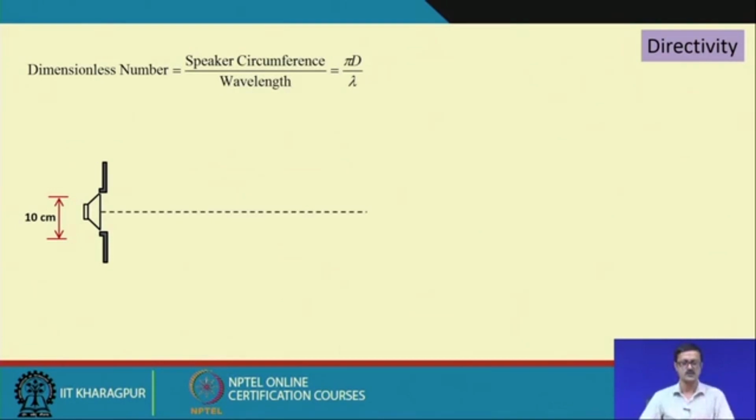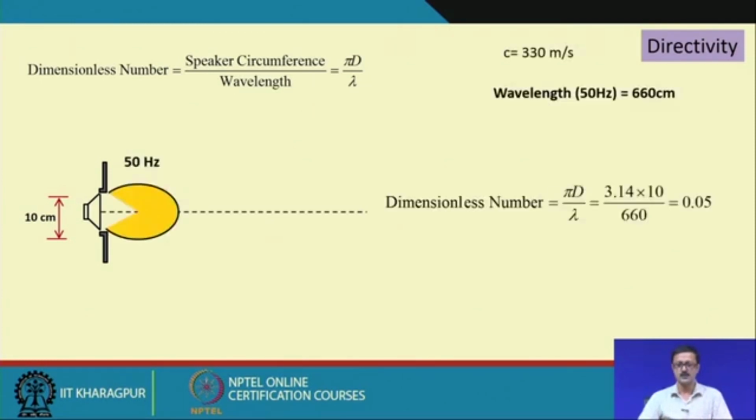This also has to be taken into some mathematical model, a calculation using a dimensionless number. The speaker circumference divided by the wavelength has been computed as a dimensionless number. Suppose the velocity of sound is 330 meter per second, and the wavelength for 50 hertz is 660 centimeter, and the aperture or diameter of this particular speaker is 10 centimeter.